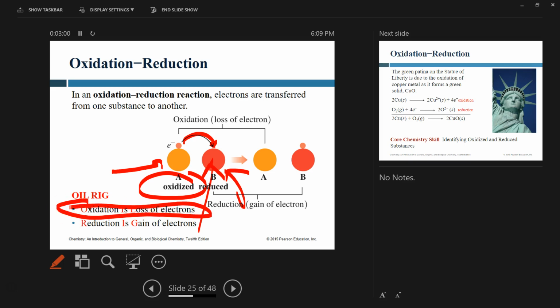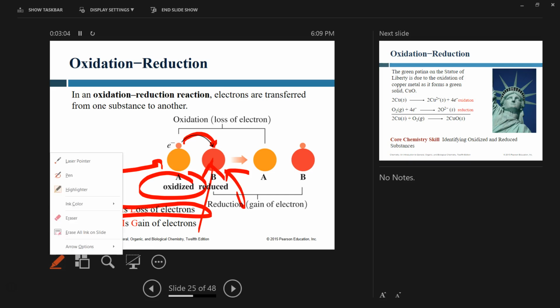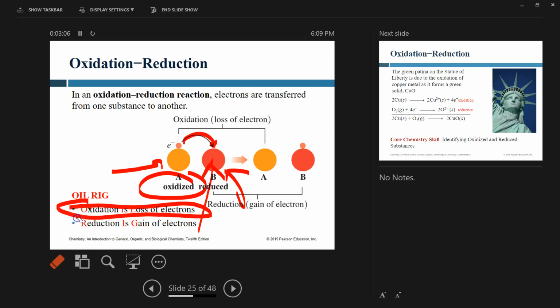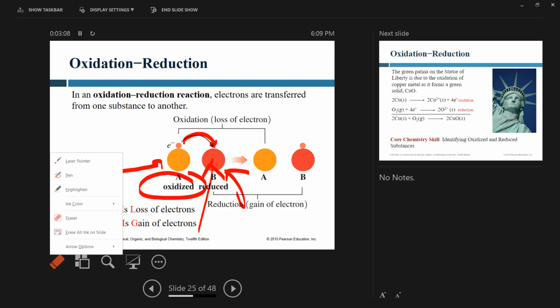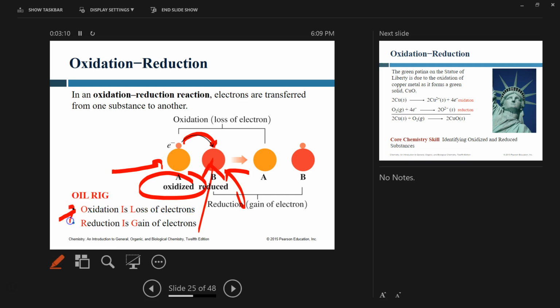Oxidation is a loss of electrons. Compound B here that gains electrons is considered to be reduced. So reduction is a gain of electrons.